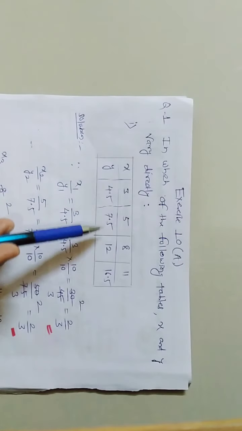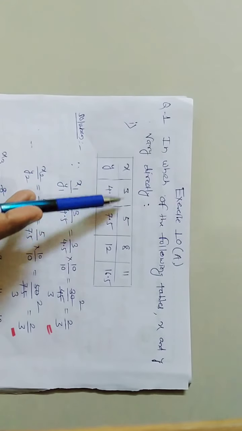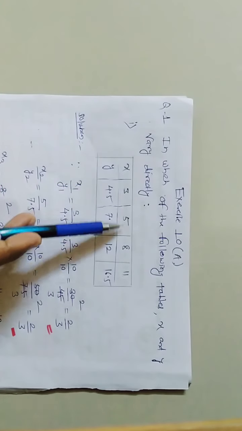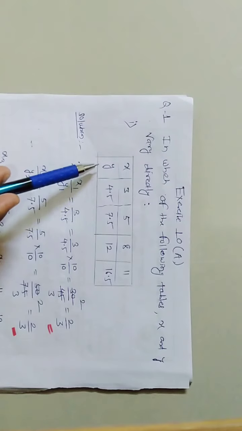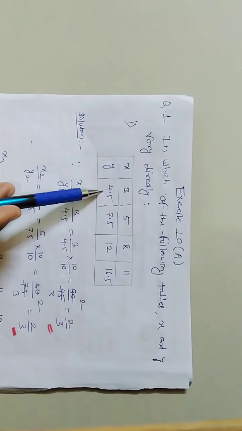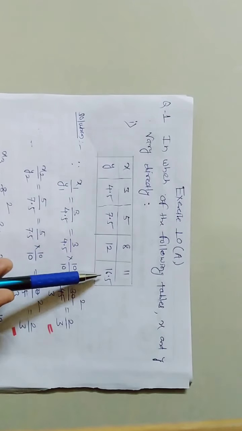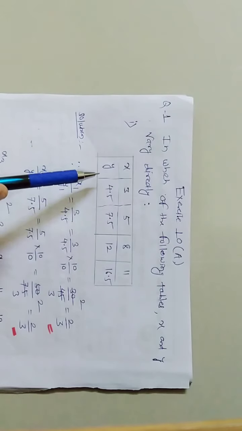We'll see the first. You can see this table. Values of x: x1 is 3, x2 is 5, x3 is 8, x4 is 11. Values of y: y1 is 4.5, y2 is 7.5, y3 is 12, y4 is 16.5. We have to check whether these x and y vary directly or not.